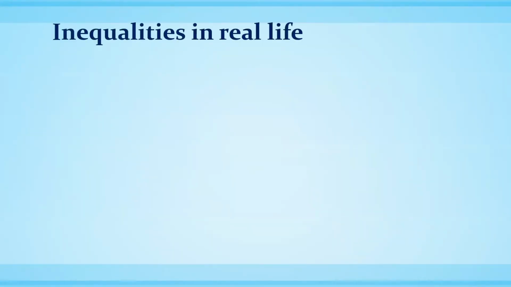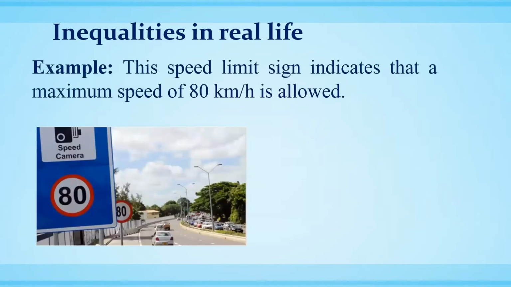Friends, can you still recall where inequalities can be used in real life? Look at this picture. I'm sure you must have come across this over the island while traveling. So what does it mean? This is in fact a speed limit sign which indicates that a maximum speed of 80 kilometers per hour is allowed.